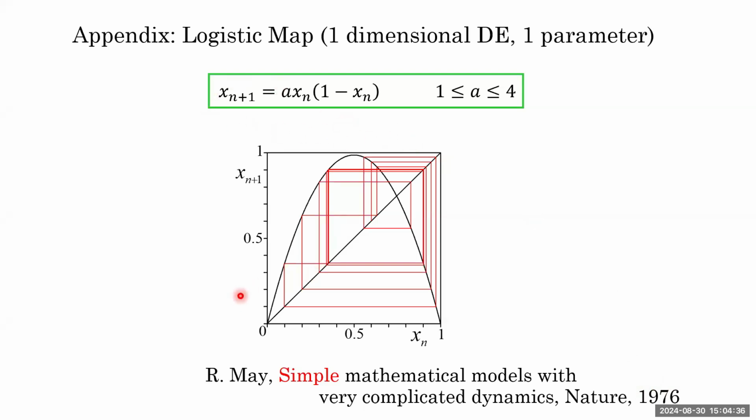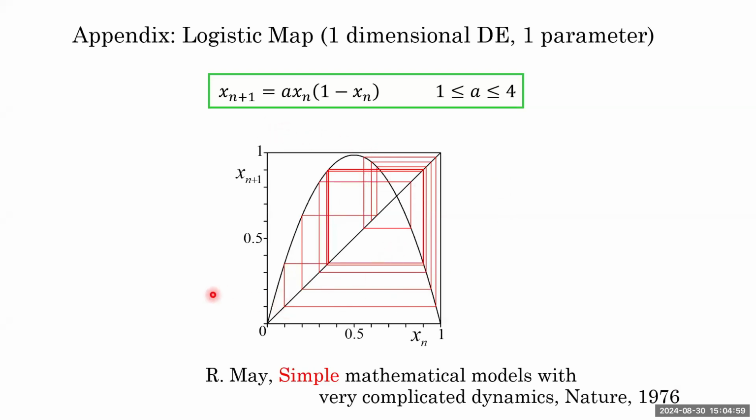This very simple unimodal curve gives nonlinearity. The dynamics is described by this equation. Xn is a state variable at discrete time n, and it has only one parameter, A. In this case, this map exhibits chaotic behavior.